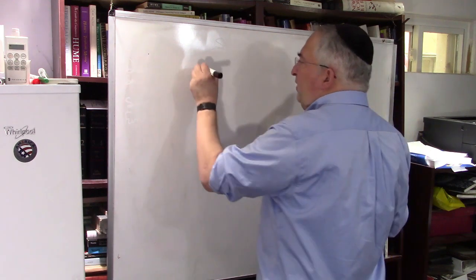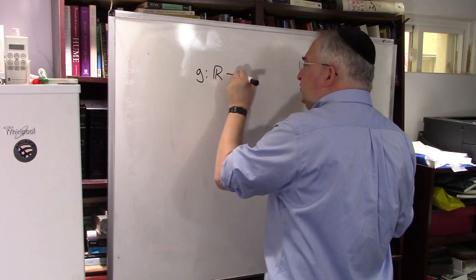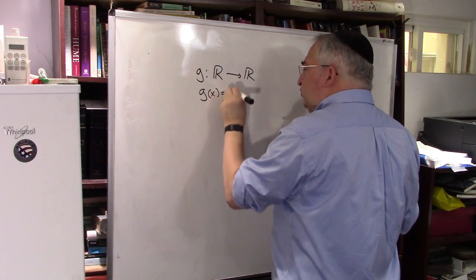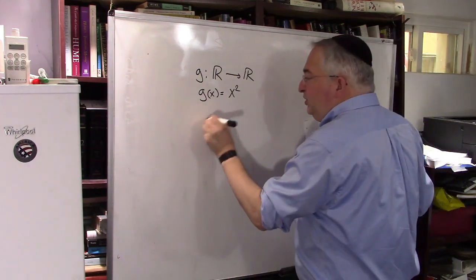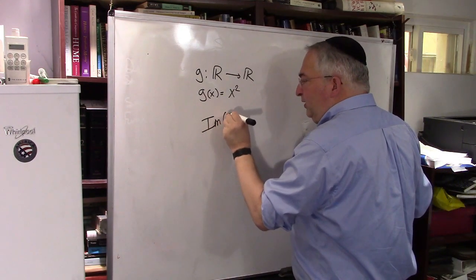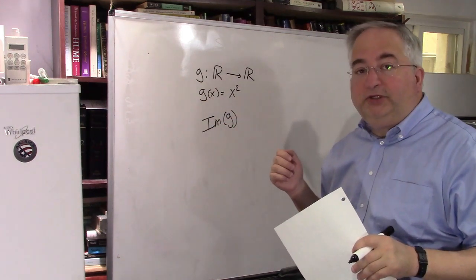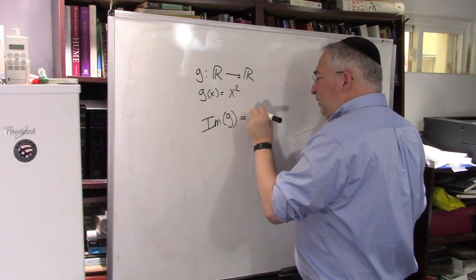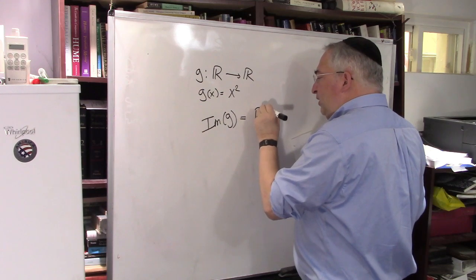Okay, so we had a function g, and g goes from the real numbers to the real numbers, and g of x is equal to x squared. That's a very nice function. The image of g, what does it mean? The possible outputs of this function is equal to the real numbers star.